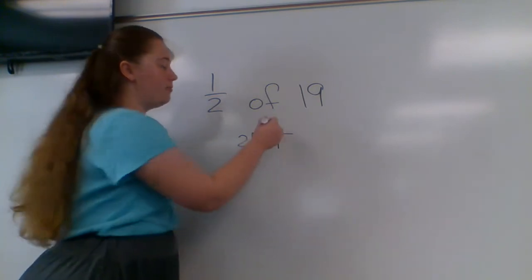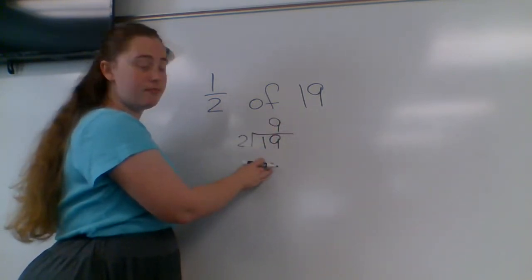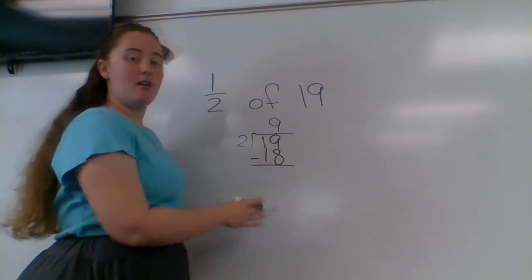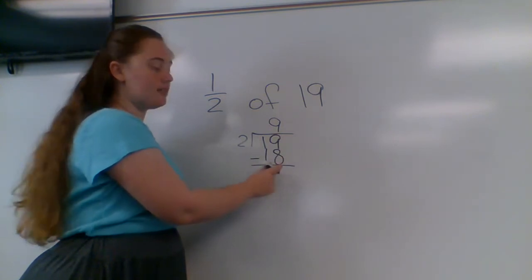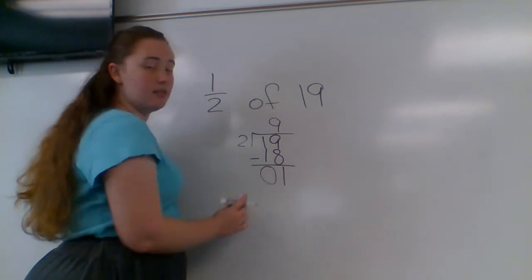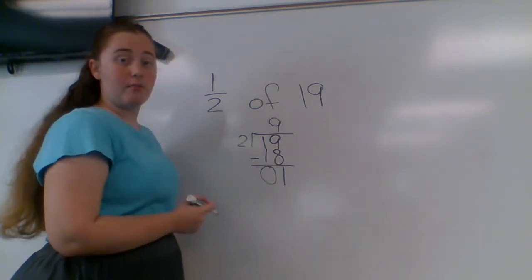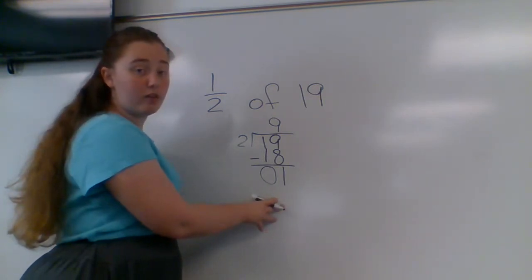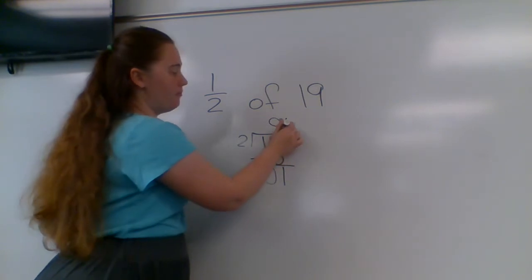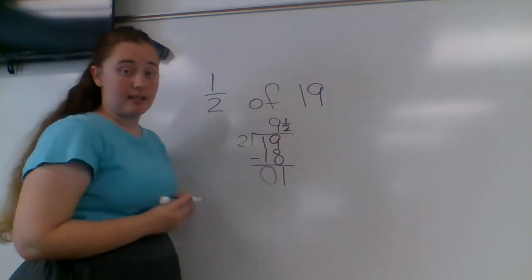Right, let's try 9. 9 times 2 is 18. 9 minus 8 is 1. And 1 minus 1 is 0. 1 is smaller than 2. It's a good comparison. And let's write our remainder as a fraction. 1 goes on top. 2 goes on bottom, and 9 and 1/2 is my answer.